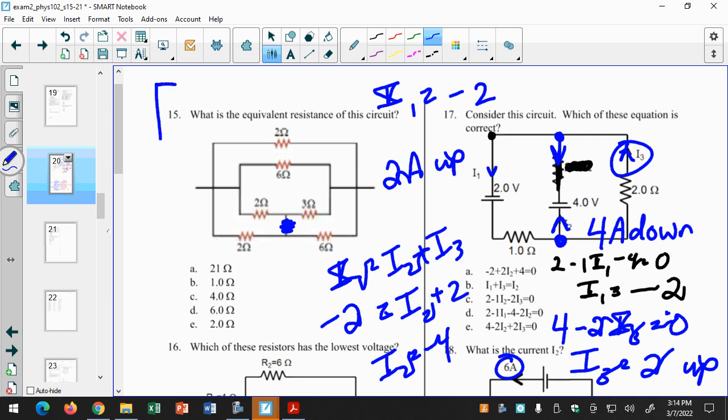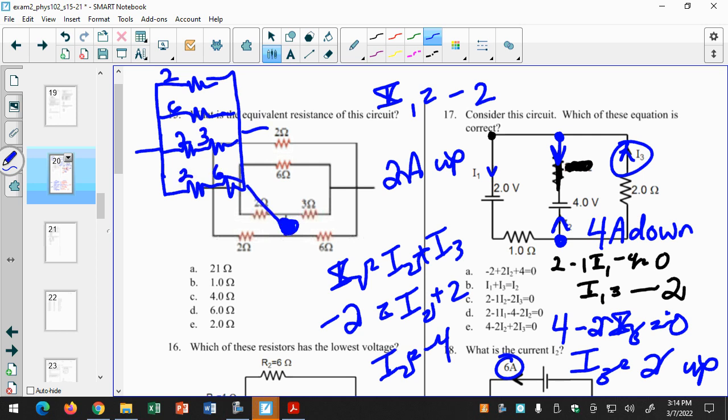It would look like I'd have a 2 ohm, a 6 ohm, a 2, and a 3 ohm, and then a 2 and a 6 ohm. It would be 2, 6, 2, 3, 2, 6. I would not have this little wire right there. Okay? And then you could find the equivalent resistance.